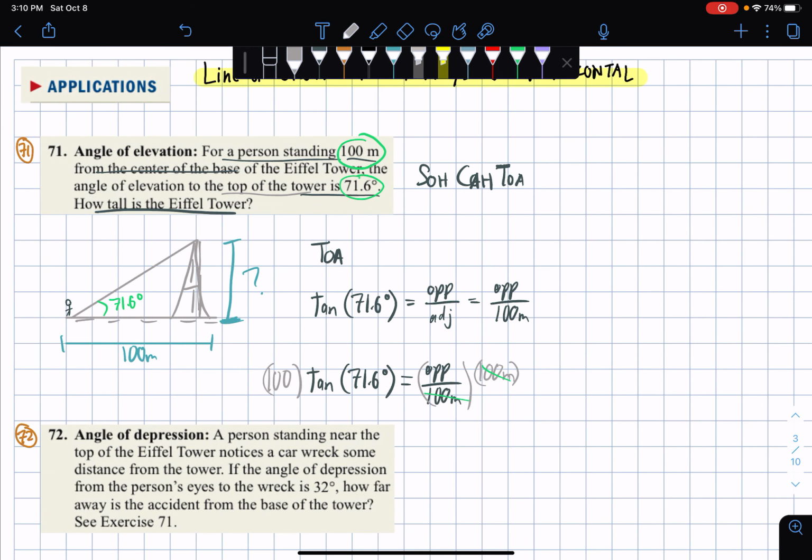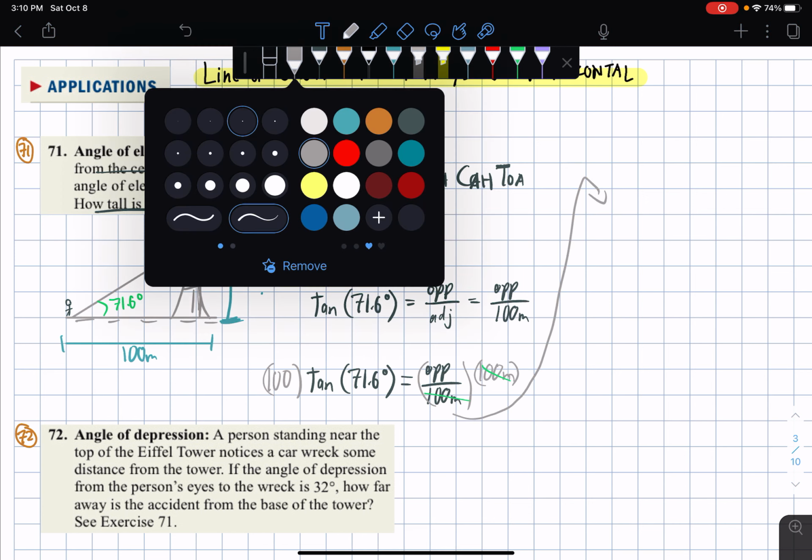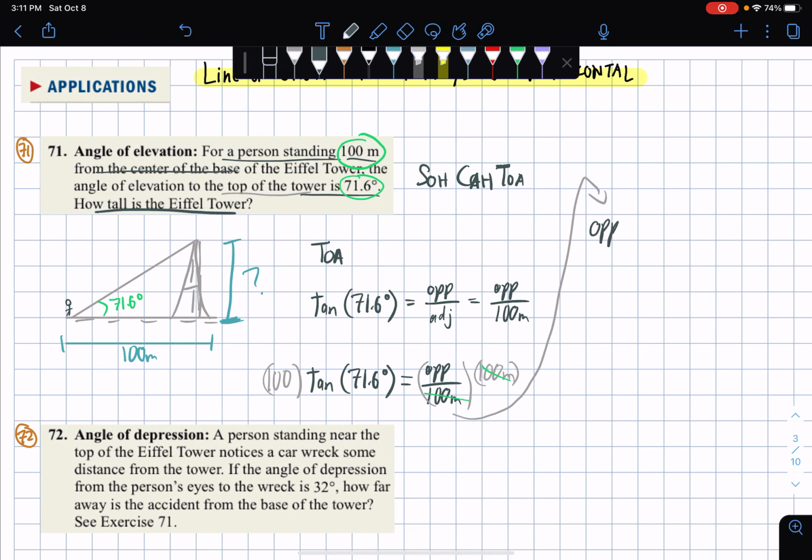And eventually, this is what you will get. Opposite side is equal to 100 tan times 71.6 degrees. I hope you have your scientific calculators with you, because it will play an integral part in solving these word problems. Also make sure that your scientific calculator is set in degrees.